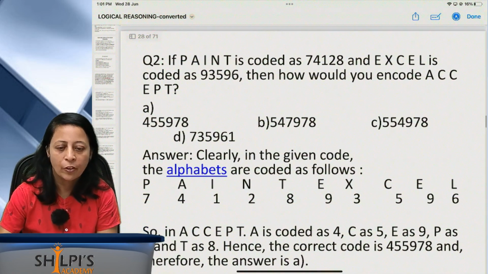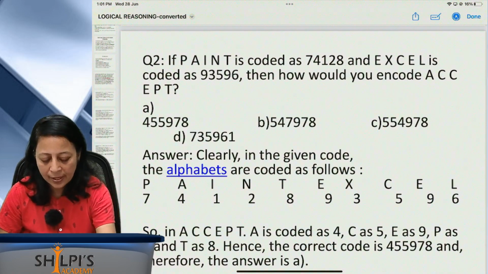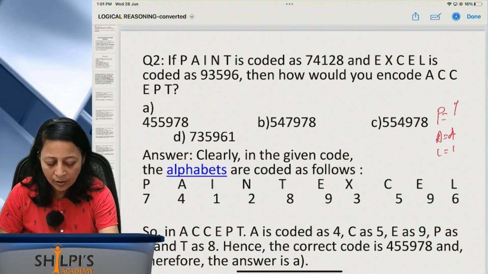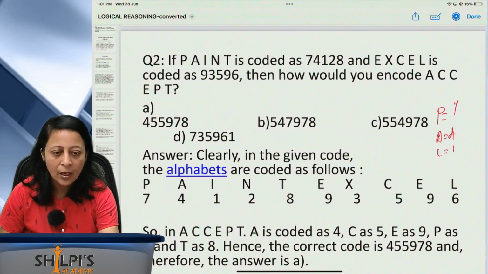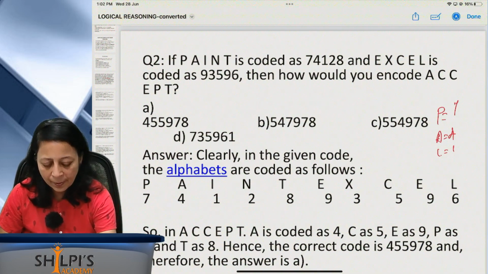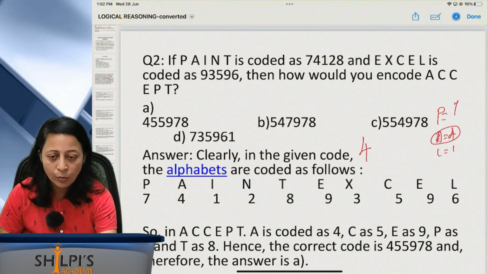Likewise here, if paint is coded as 7, it means that the value of P becomes 7. The value of A here is 4, I is 1, likewise it has been given. Now, for Excel it is 93596: E means 9, X is 3, C is 5, and so on. Now for accept, we already got A is equivalent to 4, so the first will be 4.